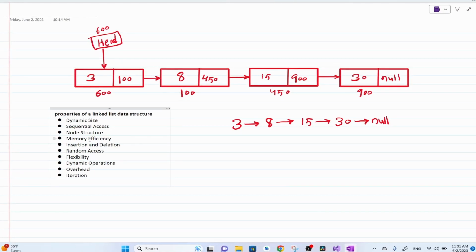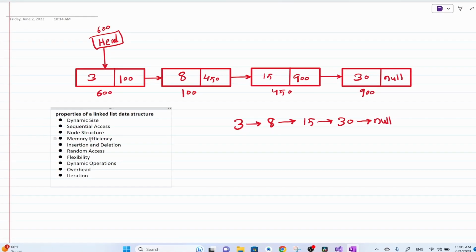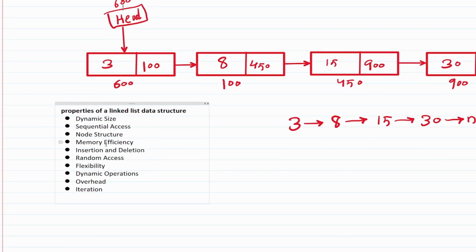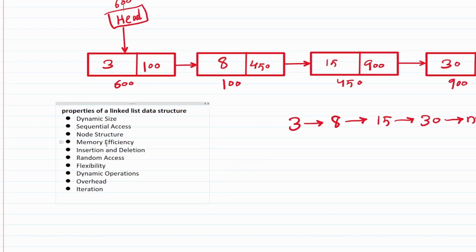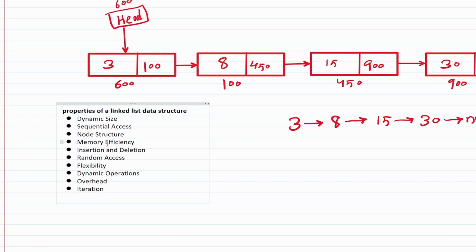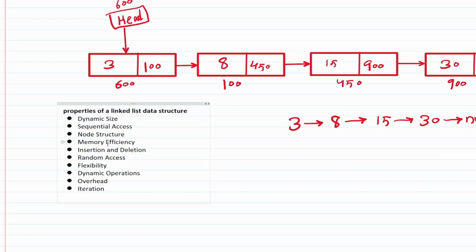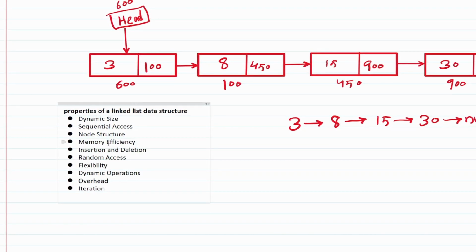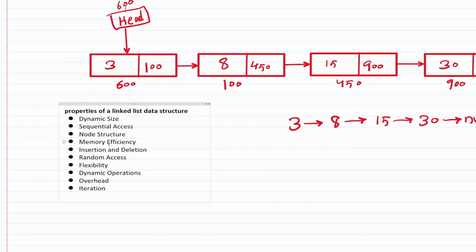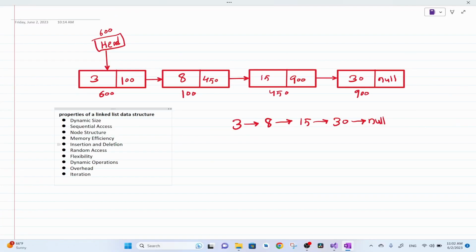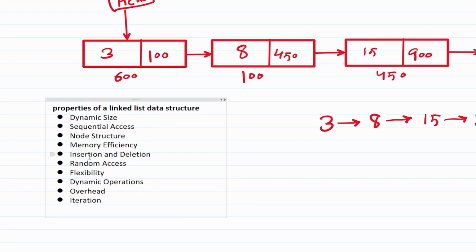Then we spoke about the memory efficiency of the linked list data structure. Basically, it can be memory efficient compared to other data structures because they allocate memory dynamically as needed, and they deallocate the memory not needed dynamically. Then we talked about insertion and deletion operations on a linked list.